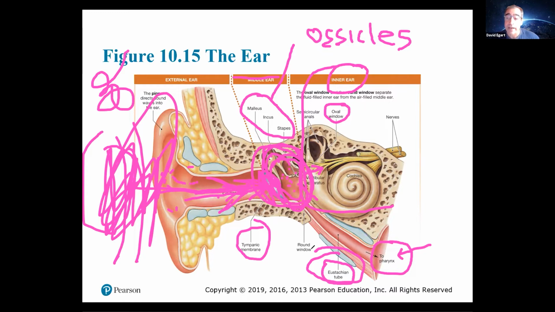Or if you dive, you have to cancel your scuba dive if you have a lot of inflammation, because if you're not able to equalize the pressure, your eardrums are going to implode as the pressure gets stronger as you dive deeper.